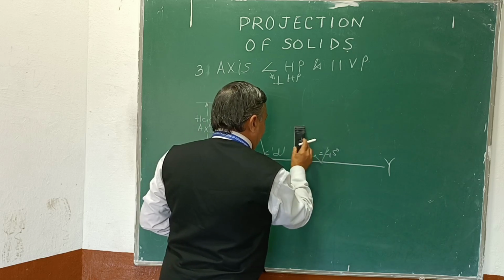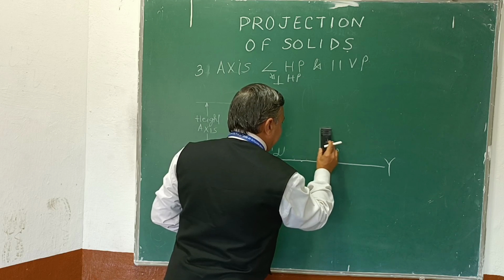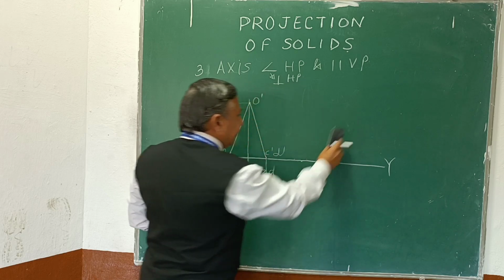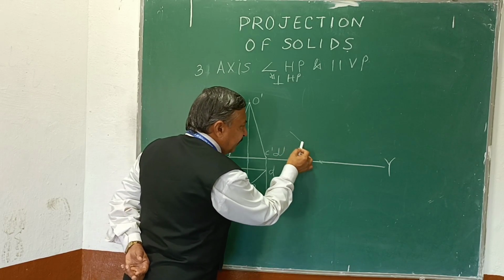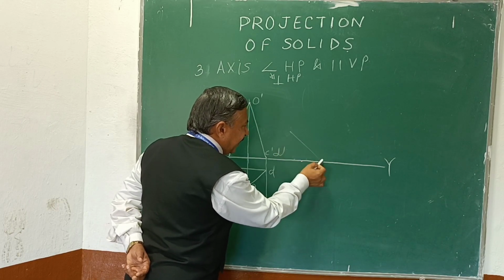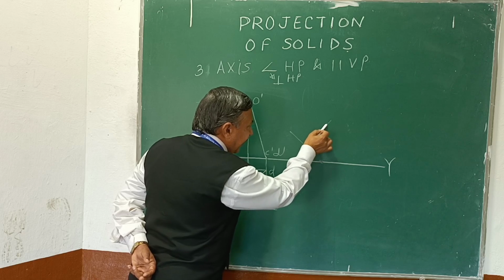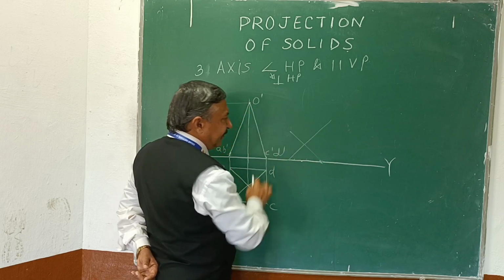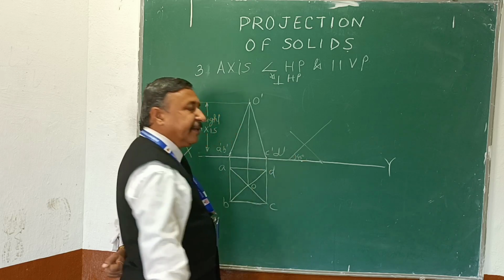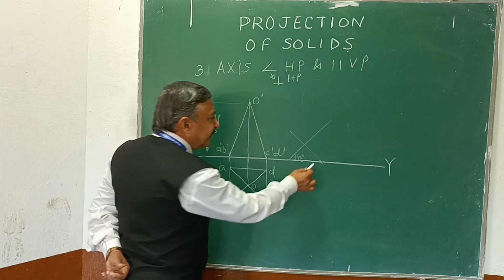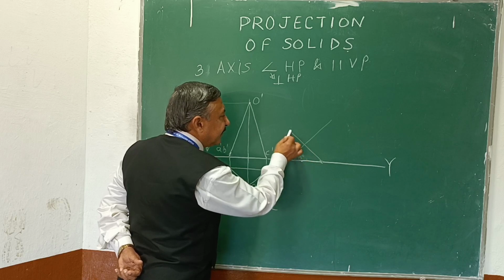Now see here how we draw this position. If you see, this is the base of the pyramid and this is the axis. So if the axis inclination is 45 degree, now what is the inclination of this base?